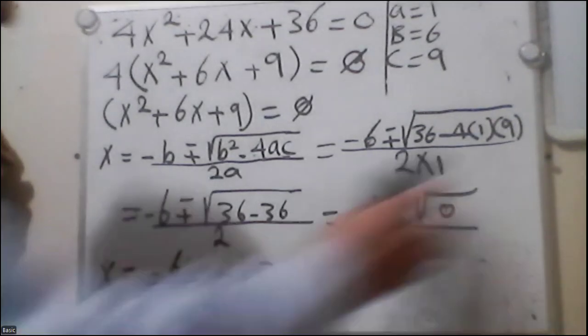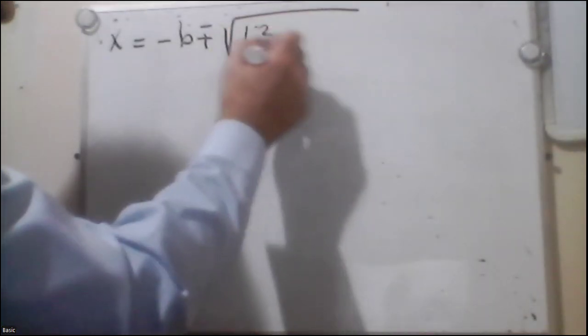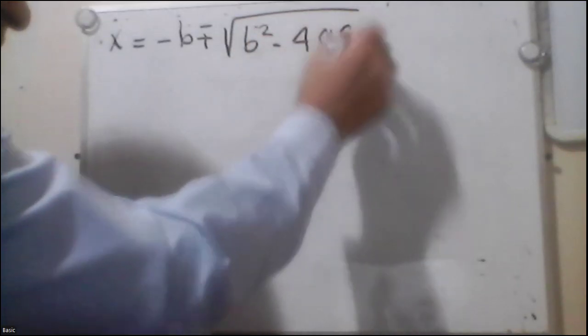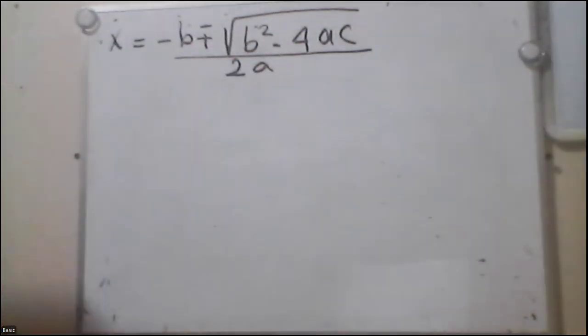Now I will go back to this relationship again. We said that x will equal minus b plus or minus the square root of b squared minus 4ac, divided by 2a.